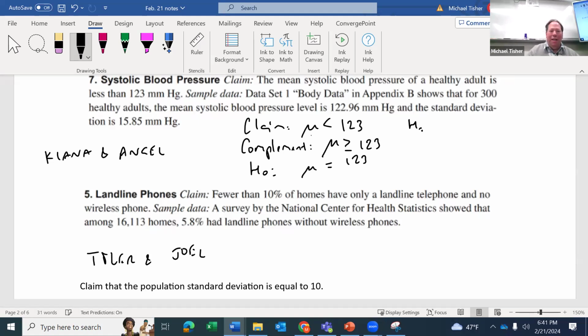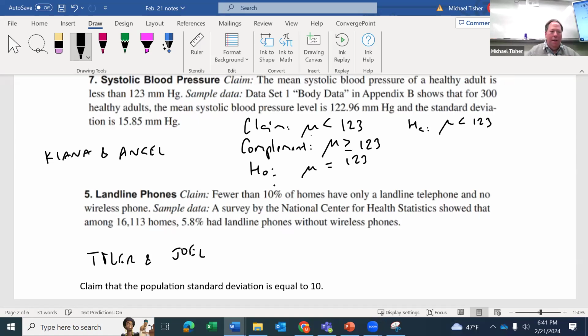Okay. And HA, what do we have for that one? Is it less than or greater than or equal to? Be less than, yes. So the thing is, HA never has an equal sign inside it. It'll either be a less than or greater than or not equal to. No equal sign inside the HA. So in this case, mu less than 123.